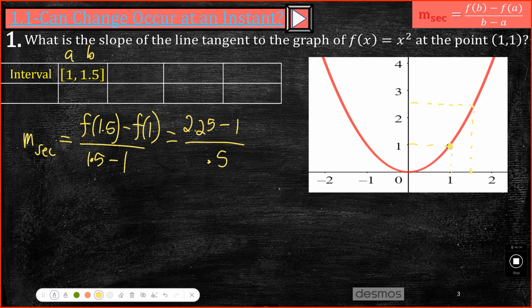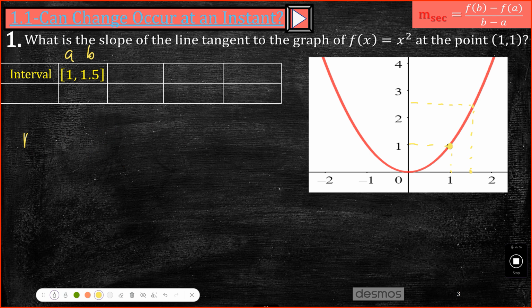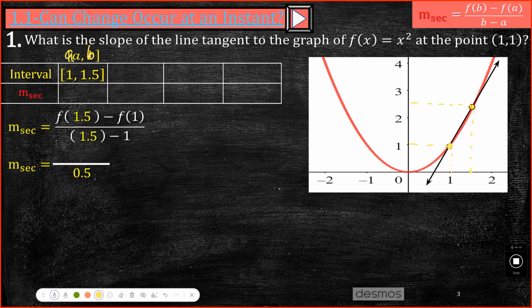So 2.25 minus 1 is 1.25, divided by 0.5. What is 1.25 divided by 0.5? Get a calculator and you will verify that it is 2.5. So the slope of this secant line, not the tangent one, is 2.5. It's an approximation, very close, but it's not it.